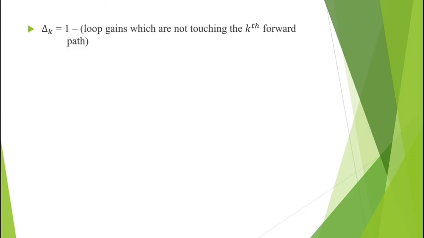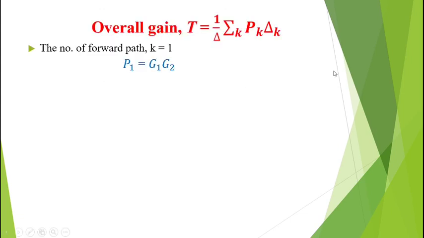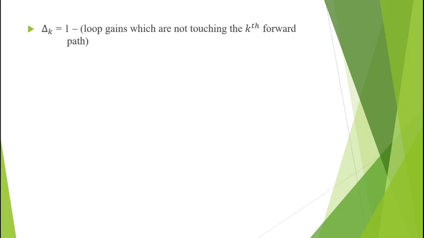Going to the signal flow graph, this is our forward path. There is no loop touching this forward path, so the loop gain is also 0. We can calculate delta 1 from this equation as delta 1 equals 1 minus 0, that is delta 1 is equal to 1.